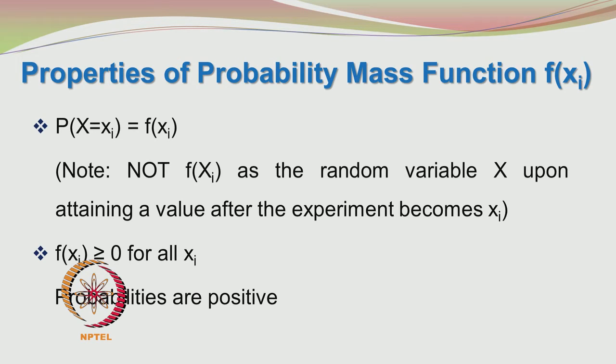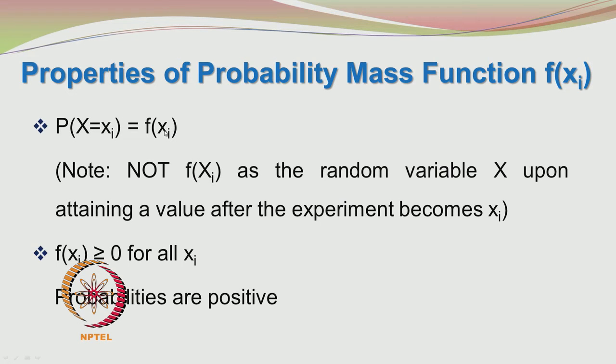Please note the definition again: probability of X equal to xi. That means, what is the probability that the random variable capital X takes the value small xi, and that is given by the probability mass function f of xi.